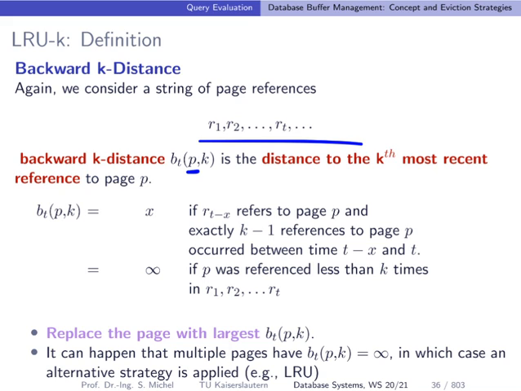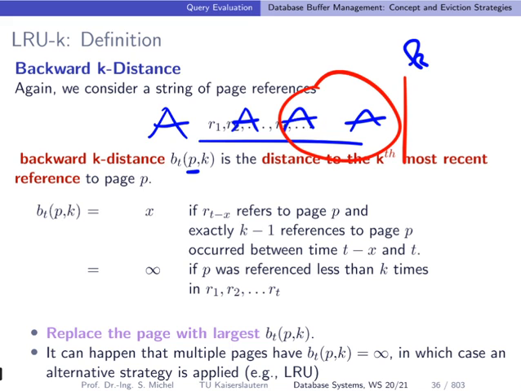So if we have a page A, and A happened here, and here, and here, let's say, and k would be 2. If this is the current time point, we look at the last 2 encounters of this page A. So formally, we define this backward k distance to be x.